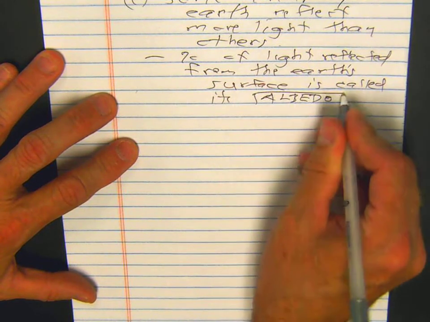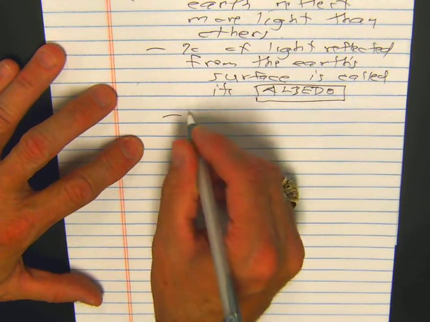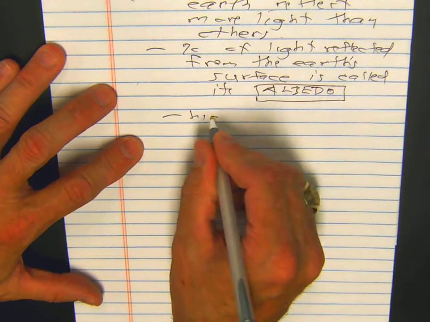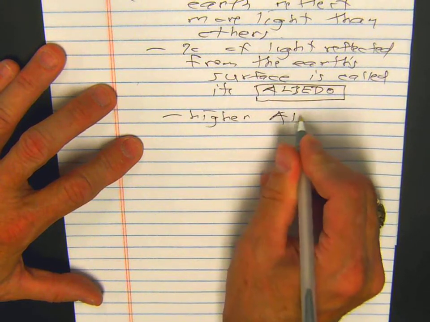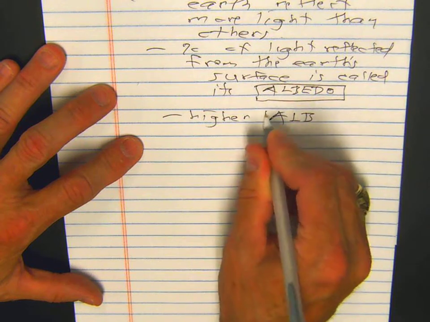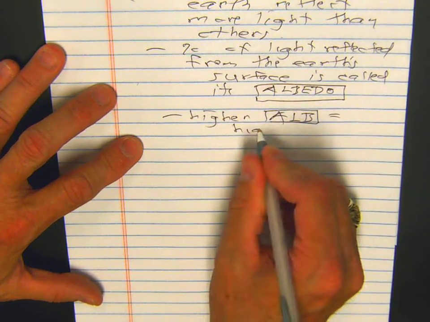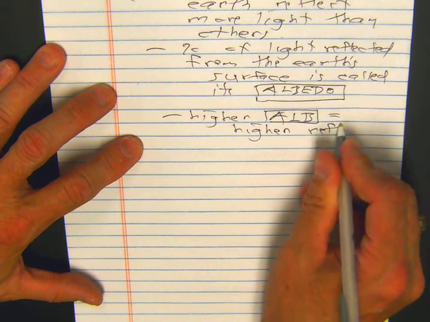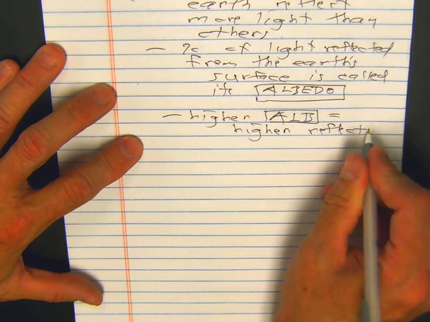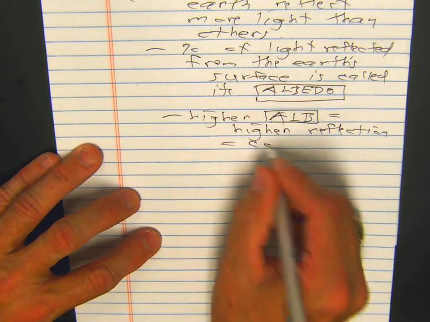All right. So basically, a higher albedo equals a higher reflection of the sun's rays and cooler temps.